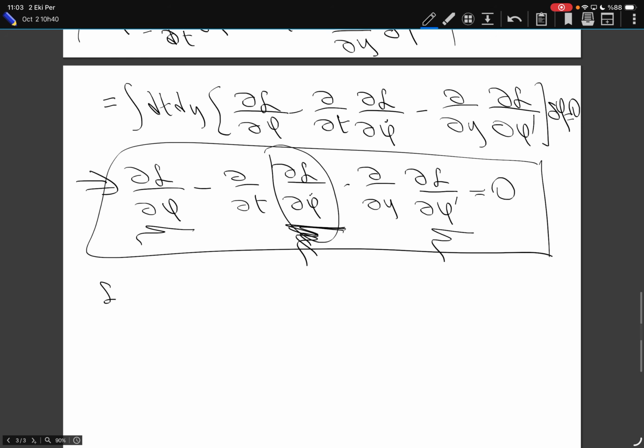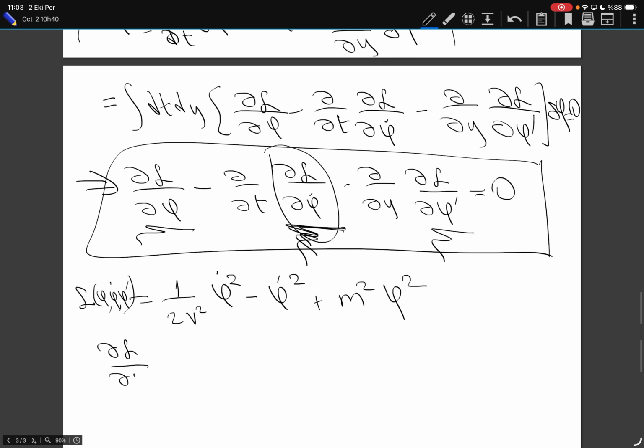So for our Lagrangian, we have 1 over 2, v squared phi dot squared minus phi prime squared, plus m squared phi squared. This is my Lagrangian with, again, three arguments. Is it phi dot squared? Yes, squared. Well, the derivative with respect to phi is just 2m squared.